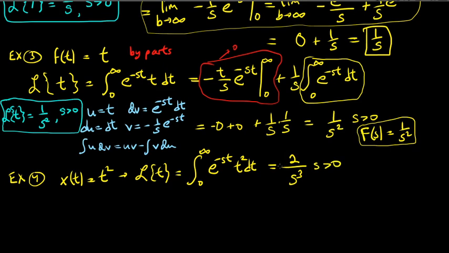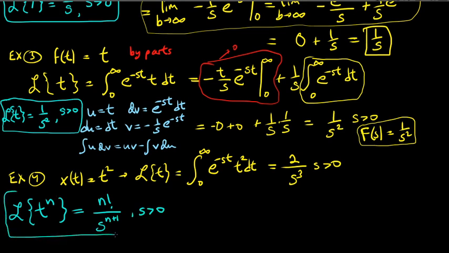So again, s has to be positive. Let me just give you the general formula here. If you do t to the power n, for any exponent, what you're going to get is n factorial divided by s to the power n plus 1. So here, if n is 2, 2 factorial is 2.